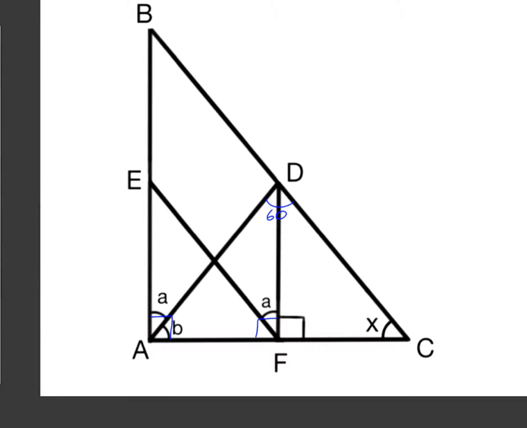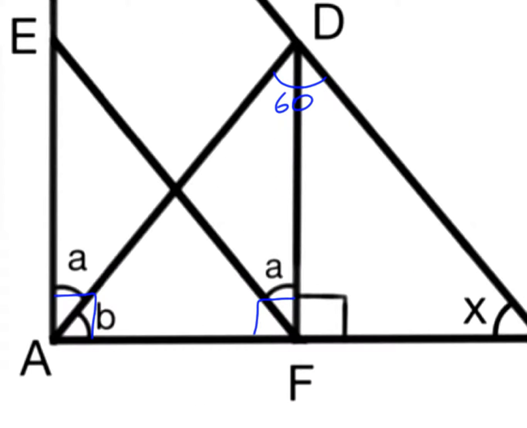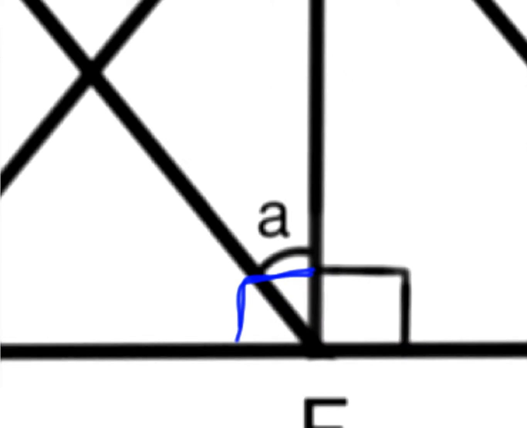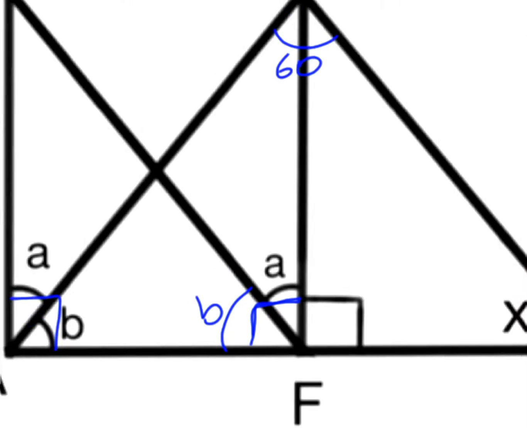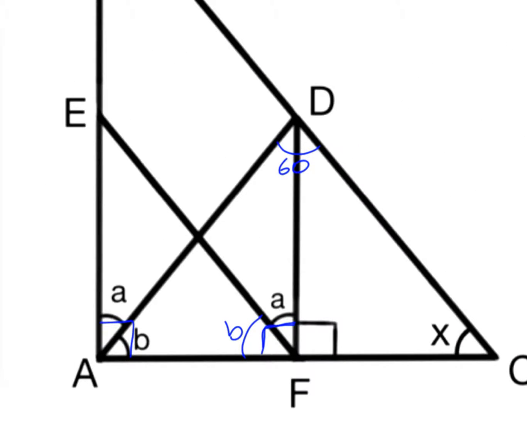Okay, so from this, now I'm going to try to plug in as much information as I can reasonably or logically plug in using the triangle properties and the geometry that I know. A few things come to me immediately. If angle A on the bottom left-hand side plus B equals 90 degrees, then right here, A plus B must also equal 90 degrees, so this must be equal to B. And the other thing I know is that in triangle AFD, the interior angles have to equal 180 degrees.